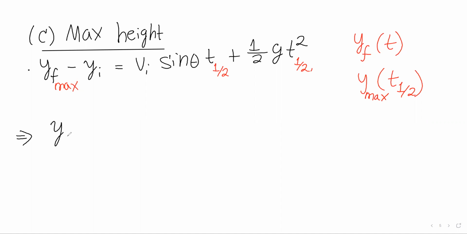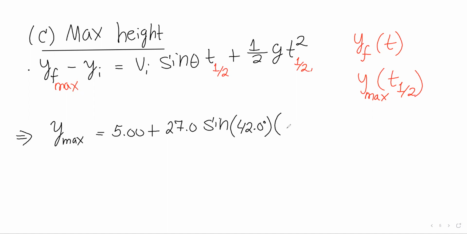So again, this gives me y max would equal, well, I can add y initial to the other side. Y initial was 5.00. And then I have my v initial, sine of my angle in degrees, times my half-time, which was my 1.85.